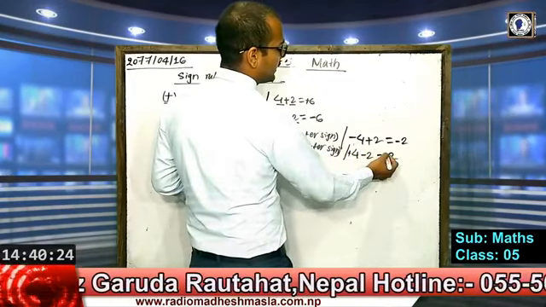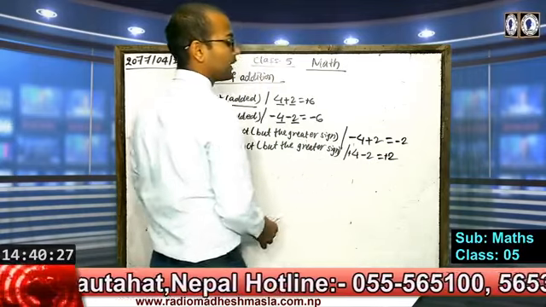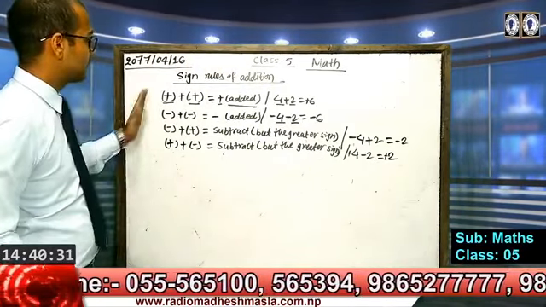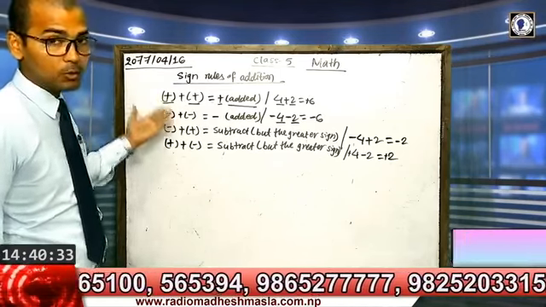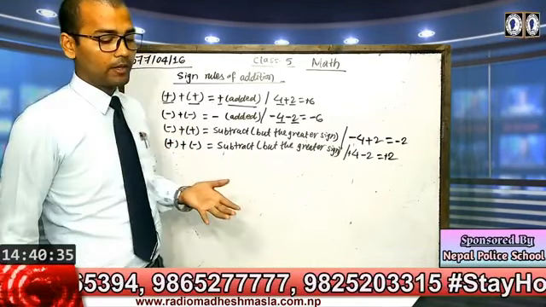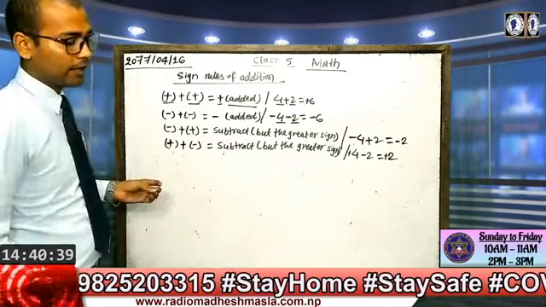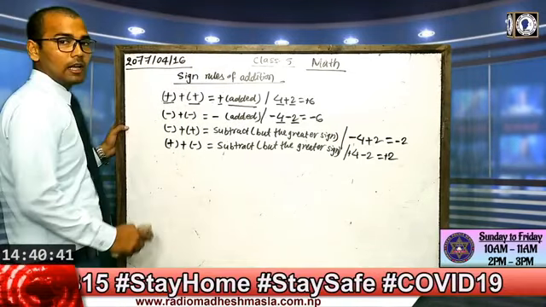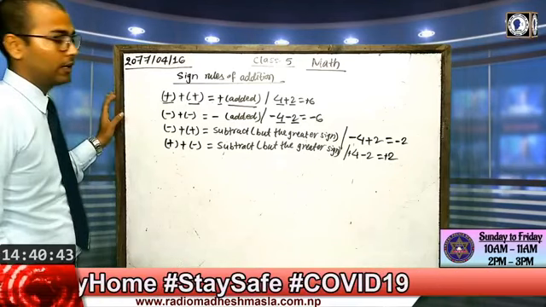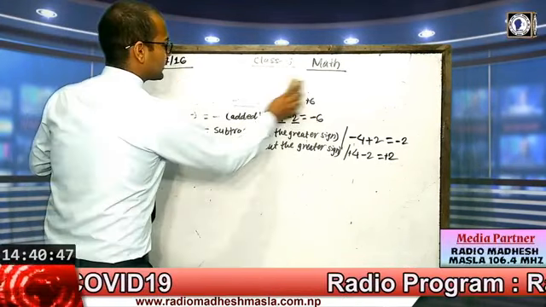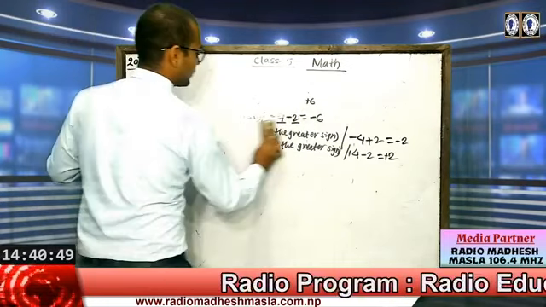If there is nothing, it means there is also a plus sign. In this way, these are the 4 sign rules of addition and subtraction that can be used in our questions that we are going to solve. So copy these all, and here let's discuss or do some questions.